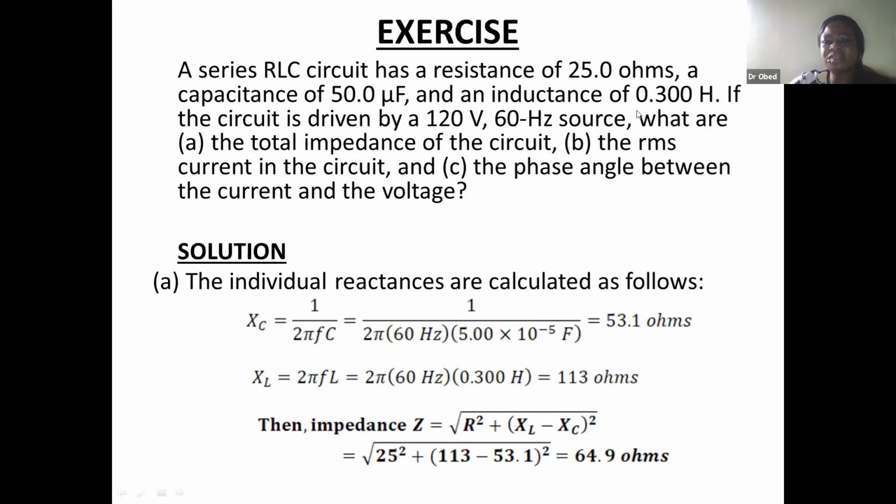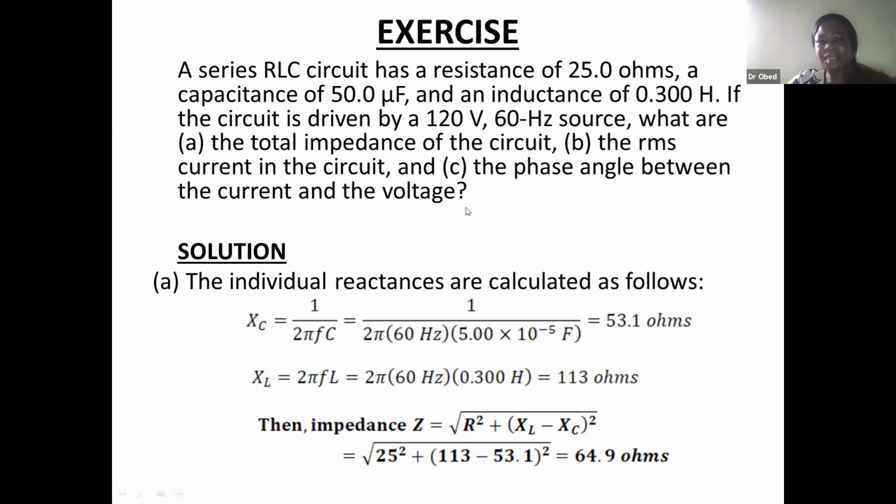And an inductance of 0.300 Henry. If the circuit is driven by a 120 volts, 60 hertz source, what are A, the total impedance of the circuit, B, the RMS current in the circuit, and C, the phase angle between the current and the voltage?